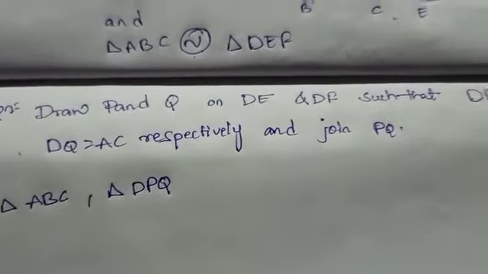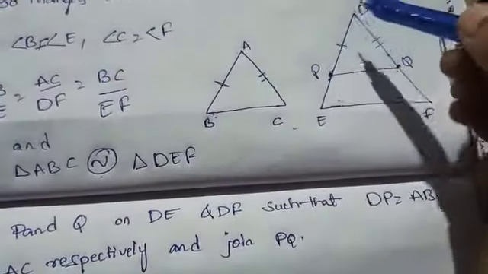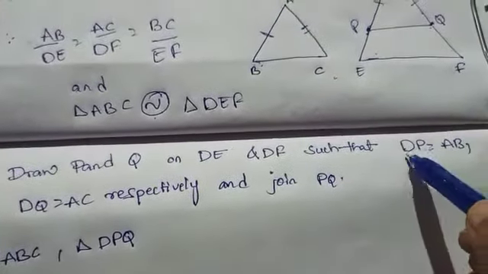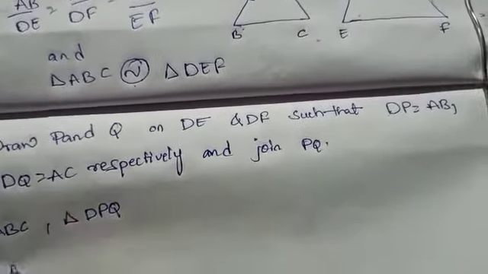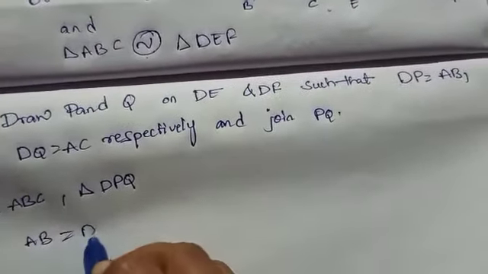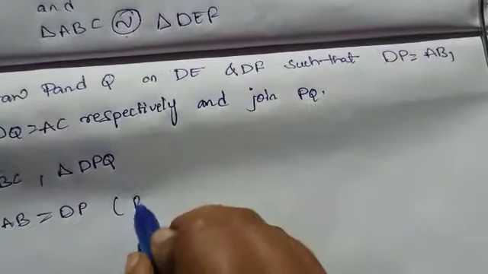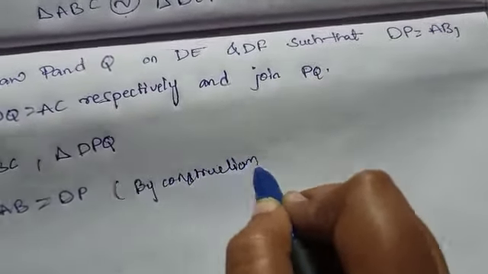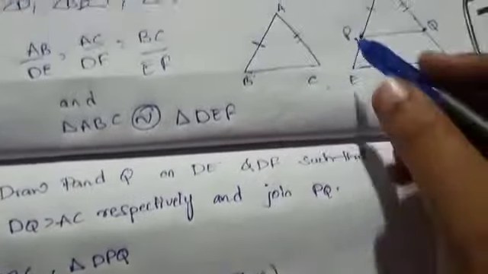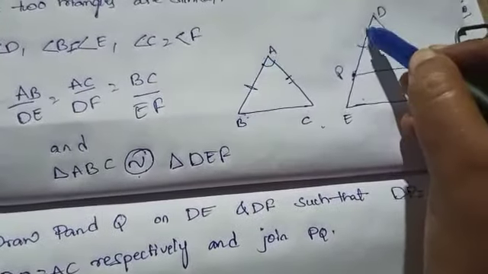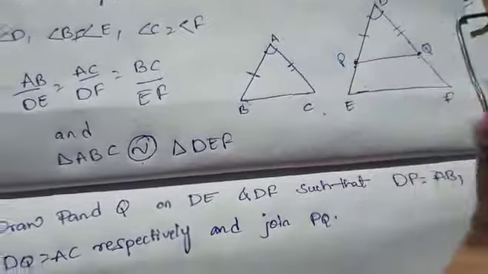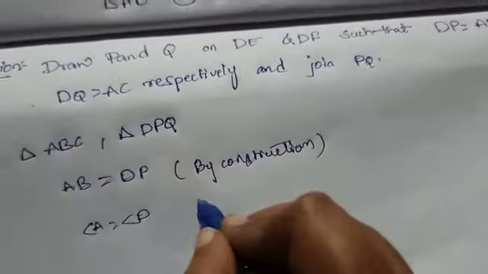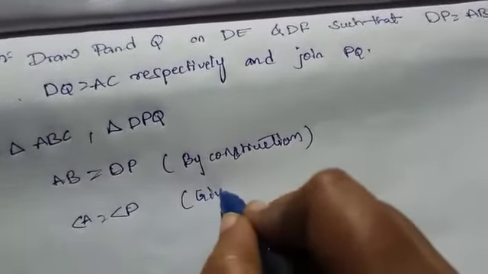In triangle ABC and triangle DPQ, AB equals DP by construction. Next, given angle A equals angle D, corresponding angles are equal. This is the given data.